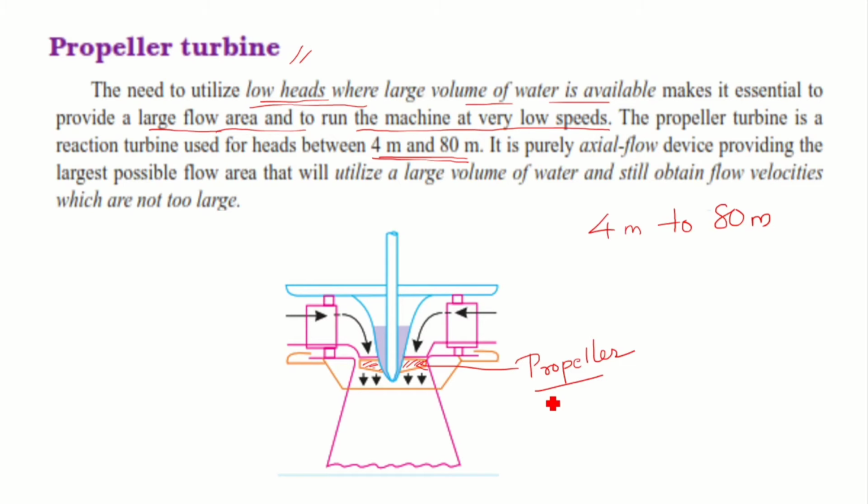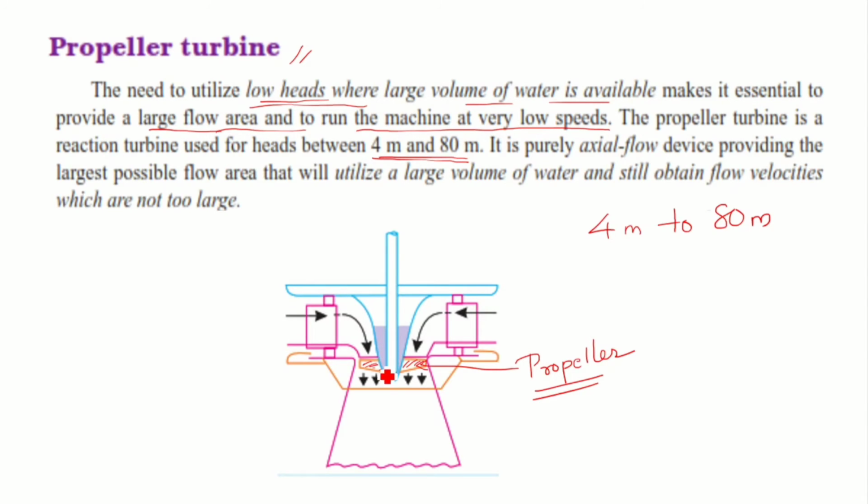The shape is similar to the propeller of a boat. Normally a boat moves forward due to the propeller action of the blades placed at the rear end of the boat. The shape of the vanes and the rotor is similar to the propeller of a boat or a ship. That is why it is known as a propeller turbine.